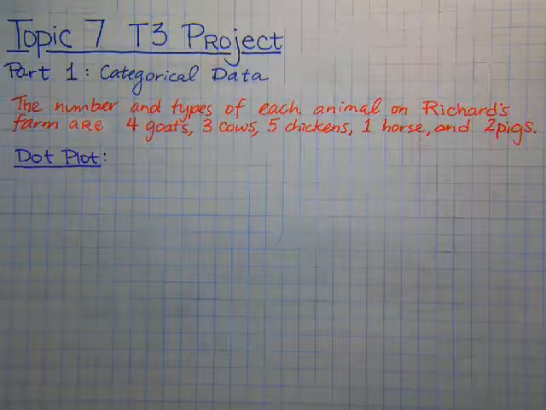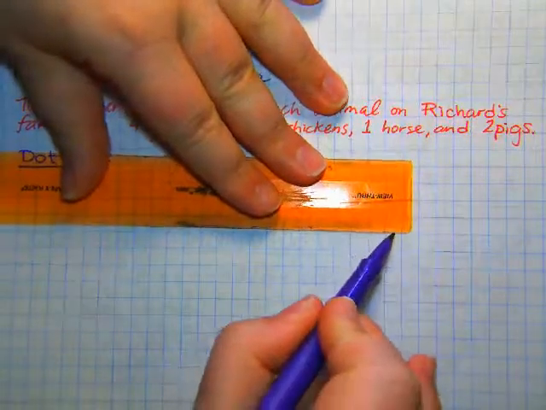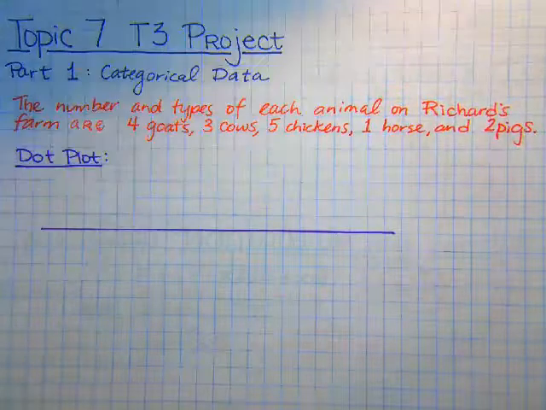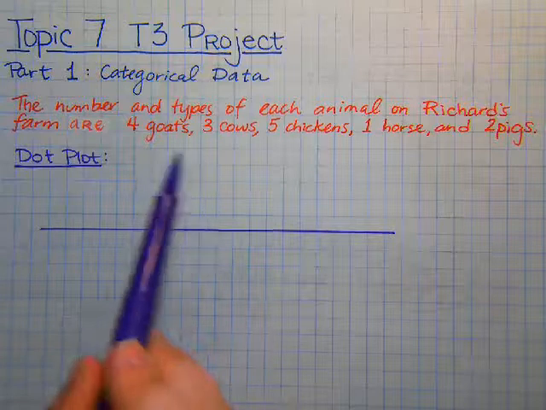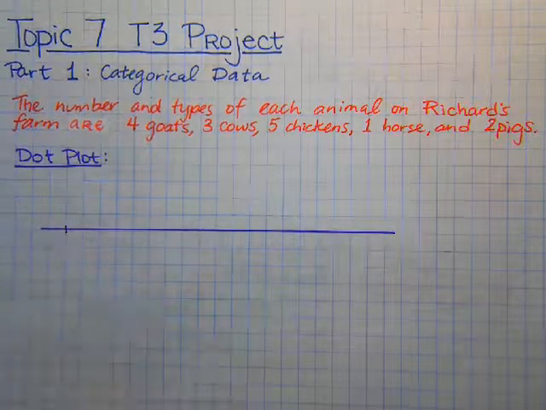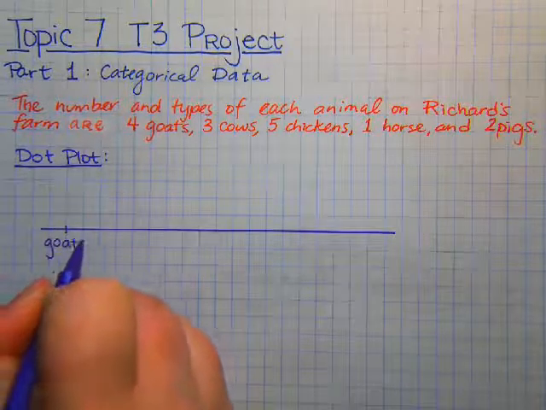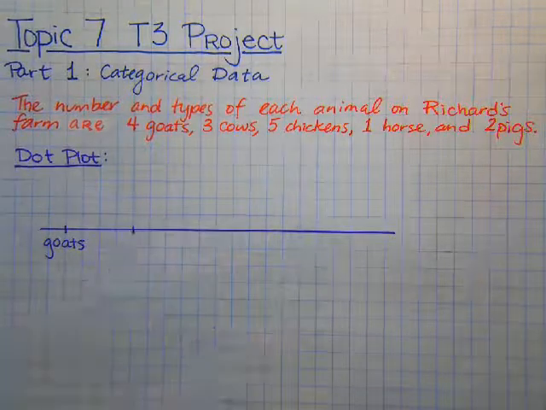So some things you want to make sure you're doing is, we want to make it look nice. So there's my baseline here. And here again, I already know all the different types of animals. We want to make sure that those are evenly spaced out. Okay, so we start with goats, and then I'm just going to skip maybe 4 squares.